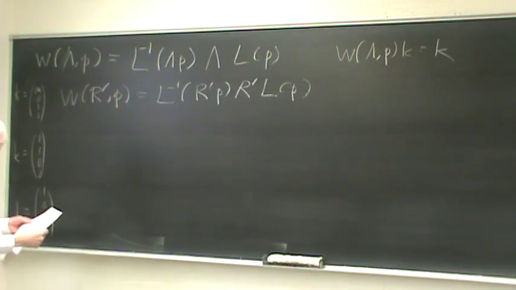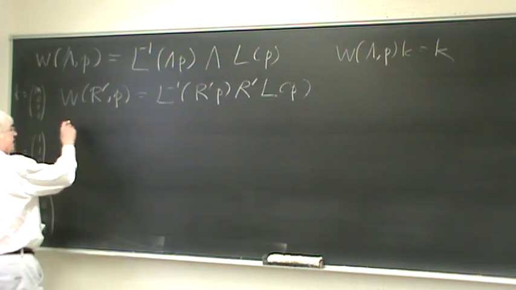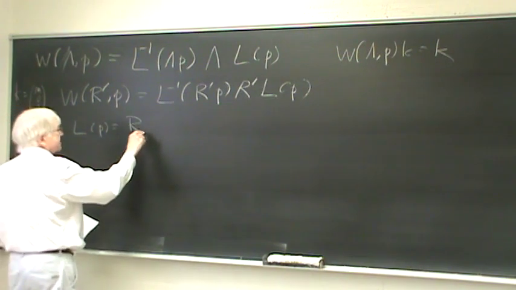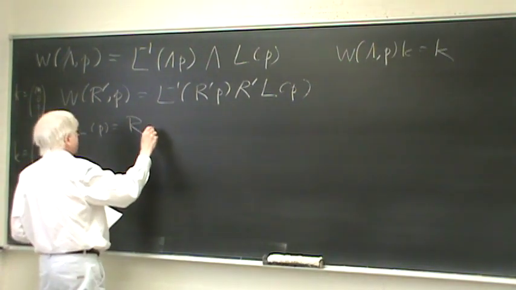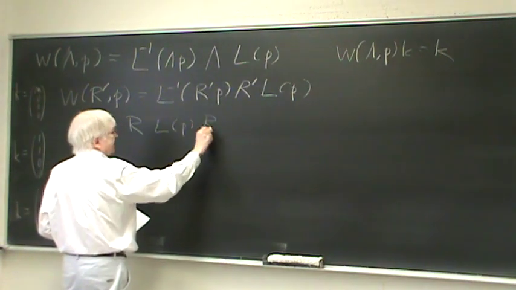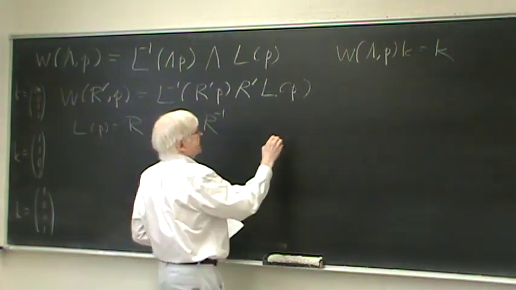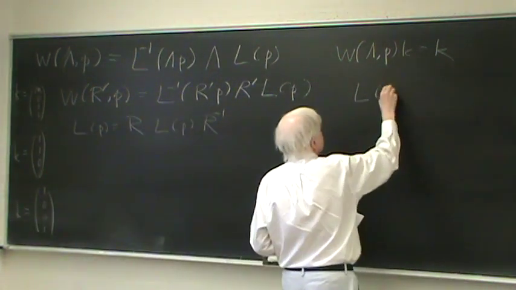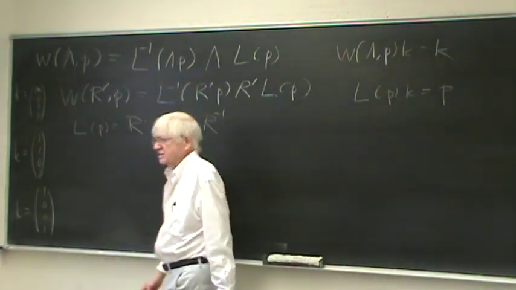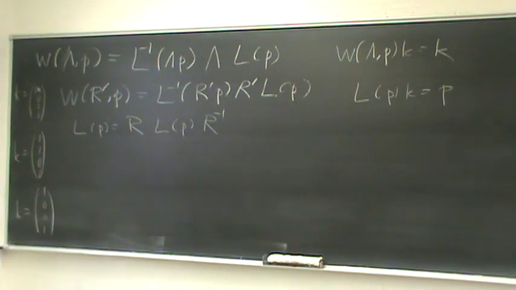And for the case of massless particles, L of p is some standard L of p, and then an R inverse. And this standard L of p is such that L of p takes K into p. That's not a unique choice, so that's why I call it the standard L of p.